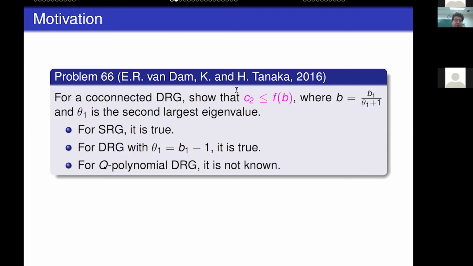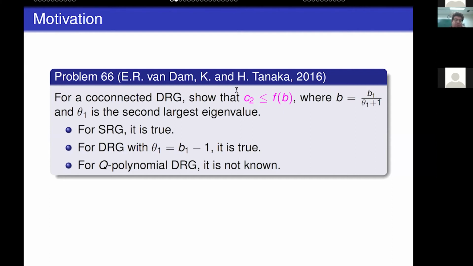It's known that for strongly regular graphs this is true. That is shown by Neumaier, for example. For distance regular graphs when the second largest eigenvalue is b1 minus 1, it is true because now we know all those distance regular graphs.